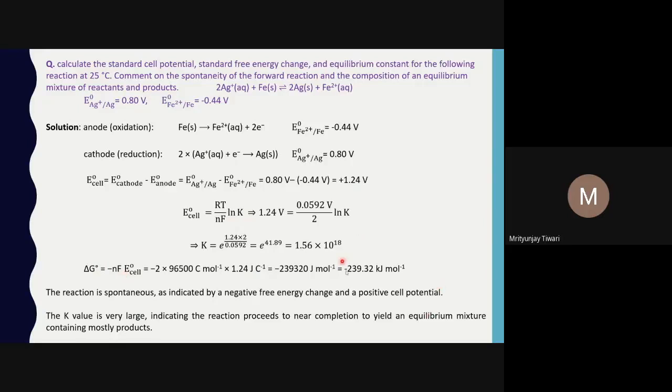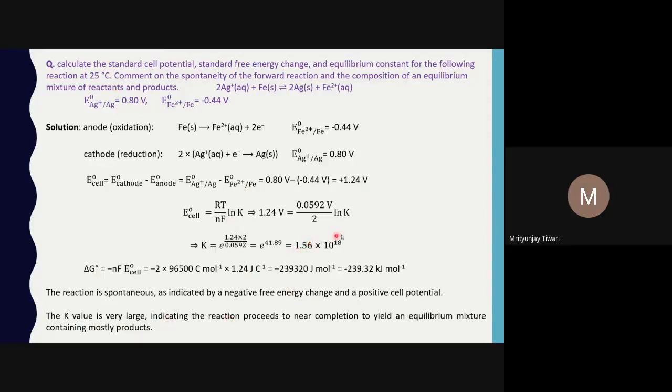Now, the value of delta G is negative, and a negative delta G means the reaction is spontaneous, as also indicated by the positive cell potential. And the value of K is very large, so what does it mean?